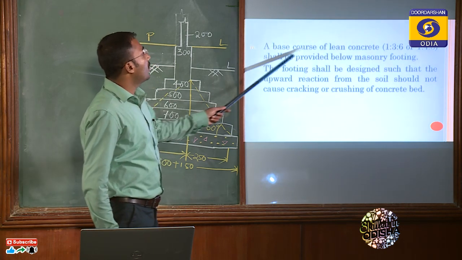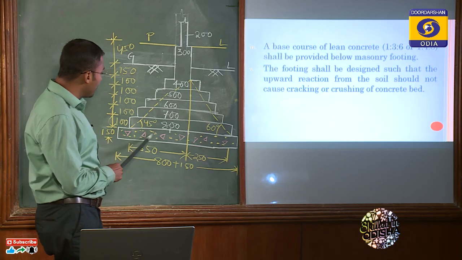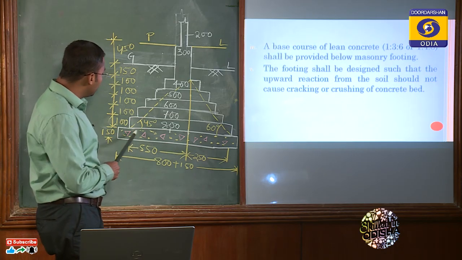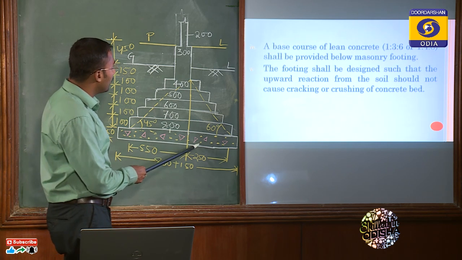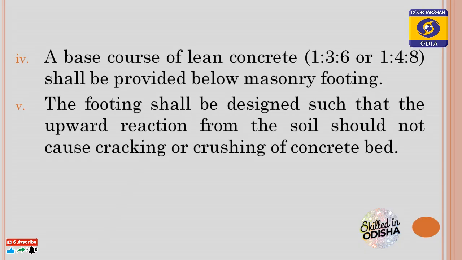The base course of lean concrete is this, which is visible on your television screen. This is the base course of the lean concrete. It is in the ratio 1:3:6 or 1:4:8.